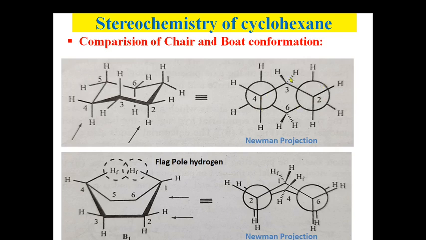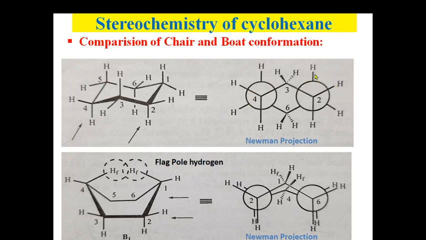The remaining carbons are shown here: 1 and 5 are represented by the circle, and 3 and 6 are shown here. Carbon number 3 is joined to 2 and 4, and carbon number 6 is joined to 5 and carbon number 1. Now, if you see here, in the chair conformation there are no hydrogens closer to each other. All are going away from each other.